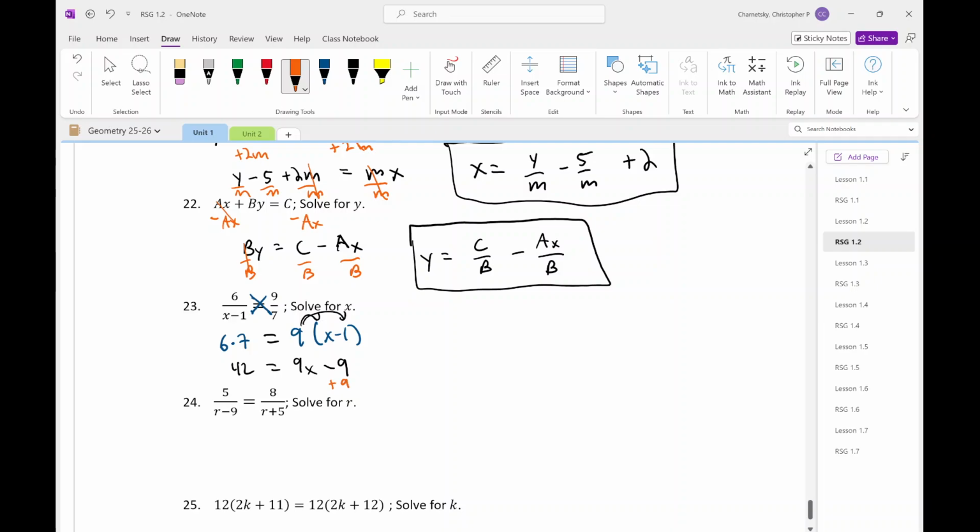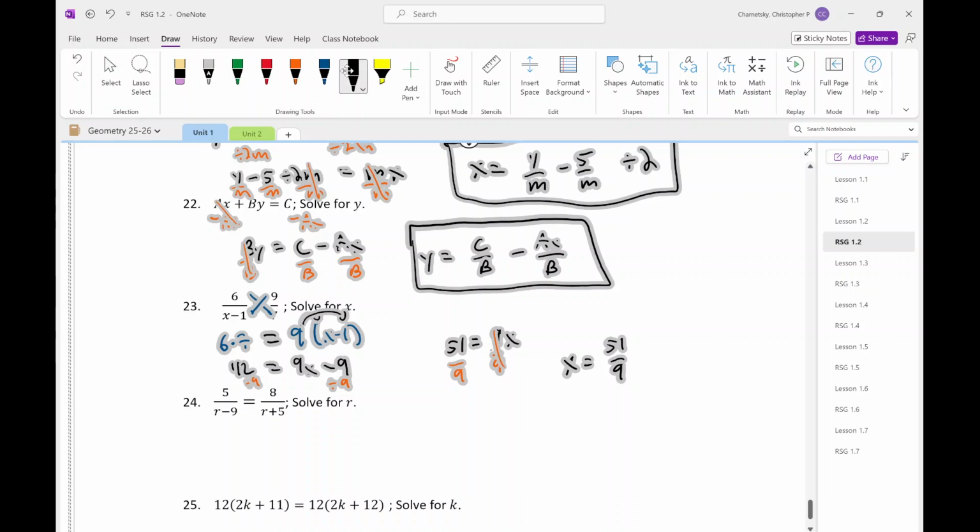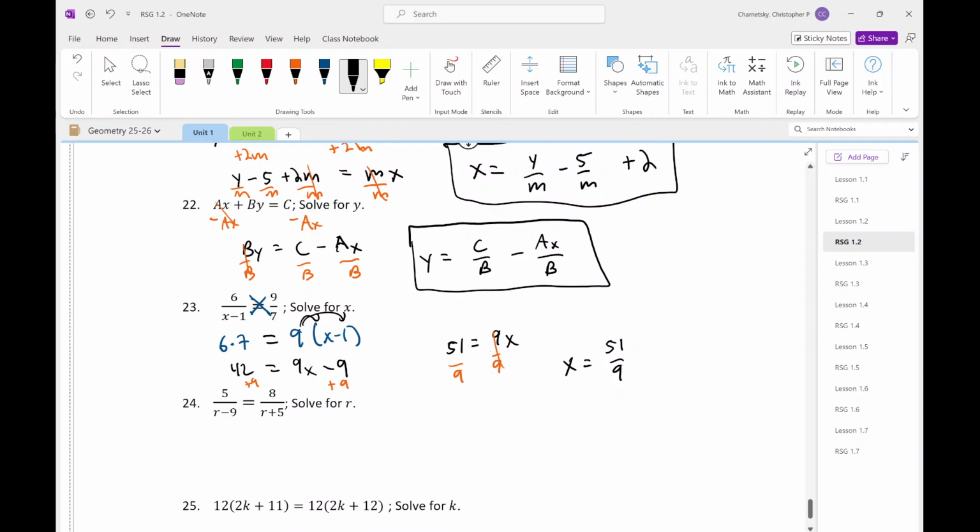We're going to add 9 to both sides, so that we get 51 equal to 9x. And we'll divide both sides by 9, so we get x is equal to 51 over 9, which we can actually simplify. 51 and 9 are both divisible by 3. So 51 divided by 3 is 17, and 9 divided by 3 is 3.